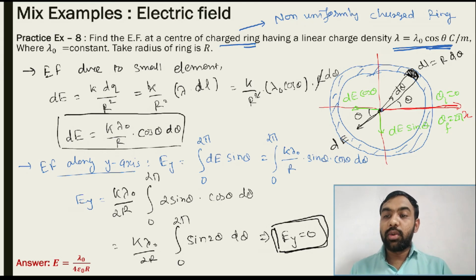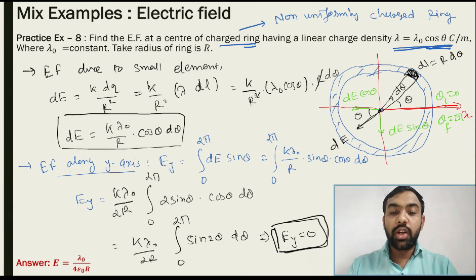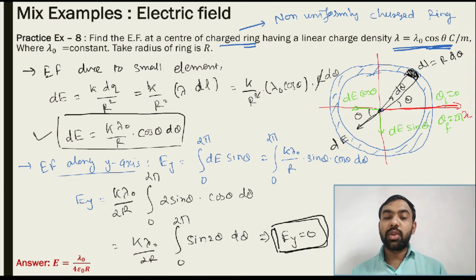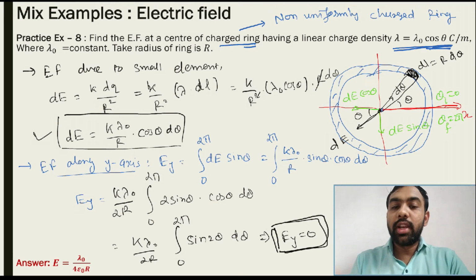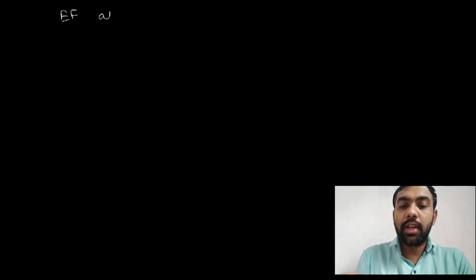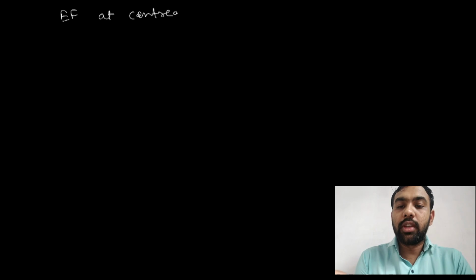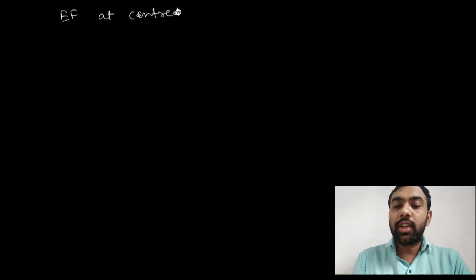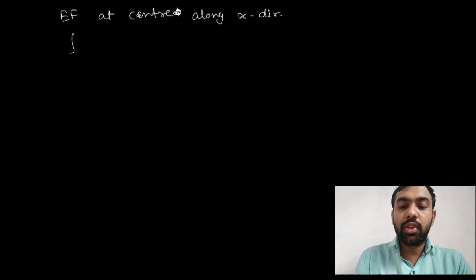Okay, so we have to find out the electric field due to this x element. And what is dE? dE is equal to k lambda 0 upon r into cos theta d theta. So the electric field at the center along the x direction: Ex is equal to integration dE cos theta.